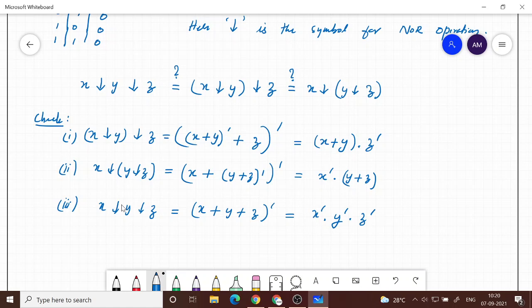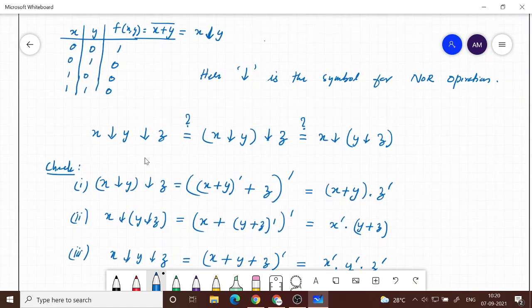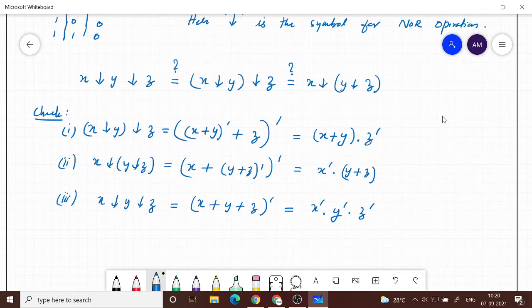So once the associative property is not satisfied, there is no point in defining or extending the operation to multiple bits. So it will mean entirely something different, and this is what usually we get. Like this.